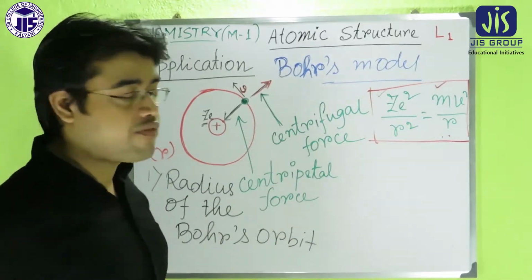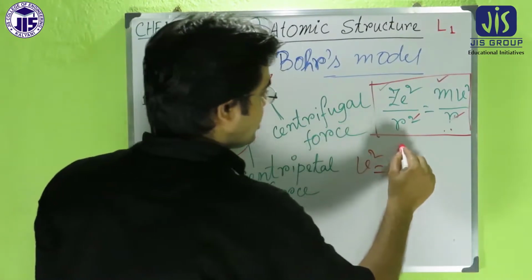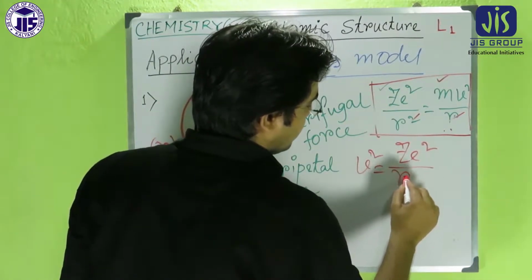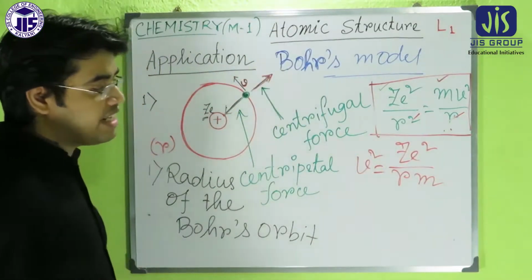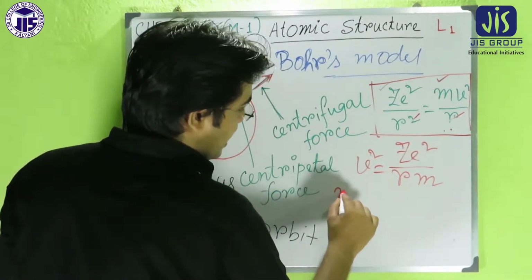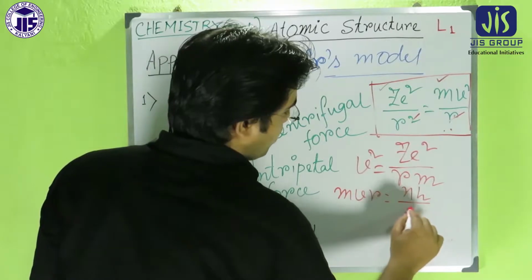It is the first equation, and from that equation v square equals Ze square by rm. So here we get one equation. Another equation we also know is mvr equals nh by 2 pi.